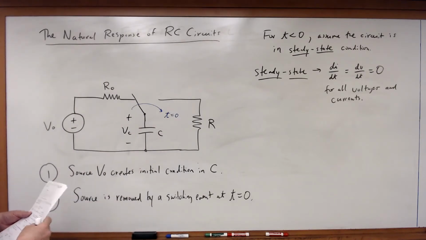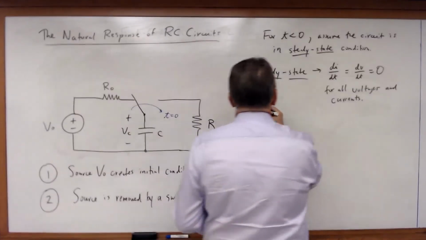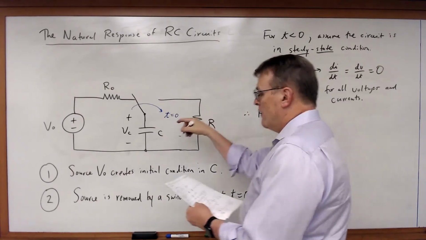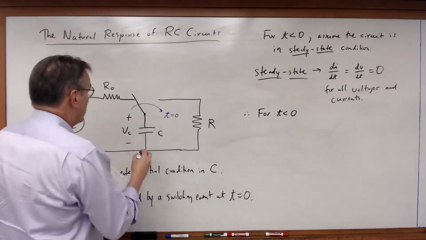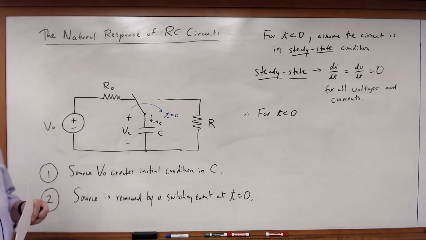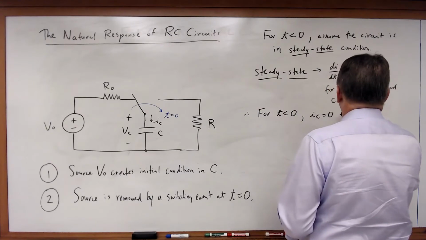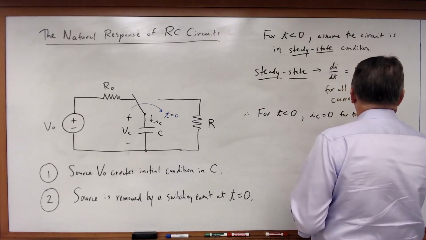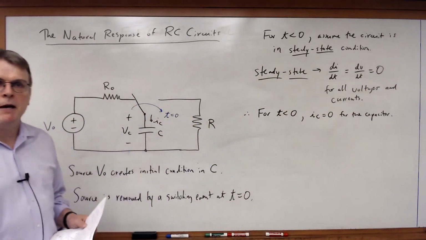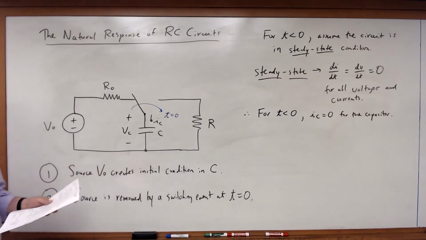And if I'm in steady state for t less than 0, I know that the current through the capacitor, IC, must be equal to 0. Once again, this is a consequence of the capacitor's behavior: i is equal to C dv/dt. If nothing's changing, the current must be equal to 0.